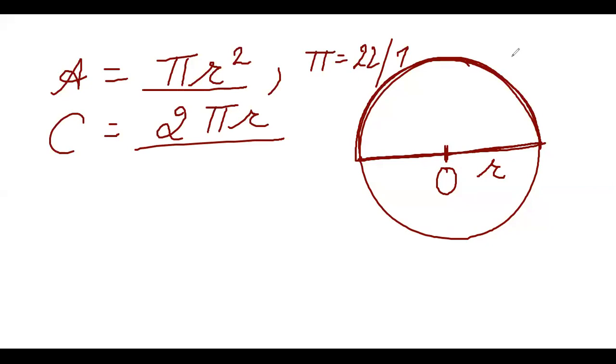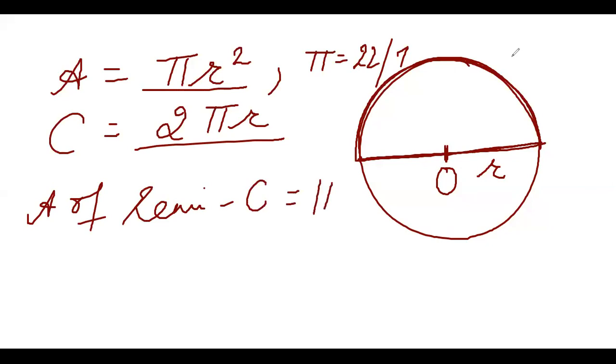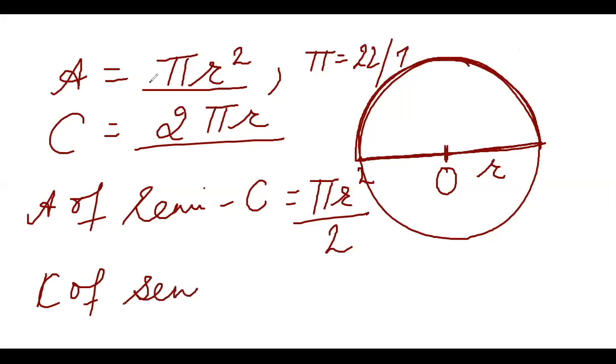And if there is semicircle, then area of semicircle is pi r square divided by 2, half of area of circle. And circumference of semicircle is half of 2 pi r, that is only pi r, right?